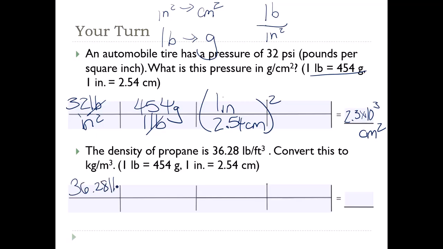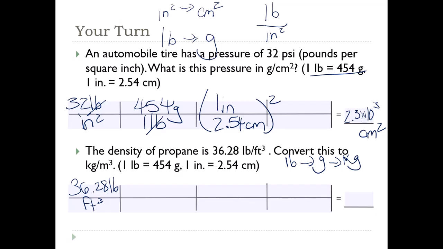Okay, and then 36.28 pounds per feet cubed. So then let's go from pounds to kilograms. It's good to write out your strategy. So pounds to grams, then to kilograms.